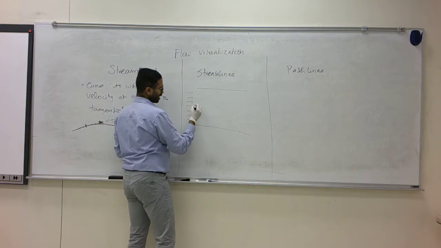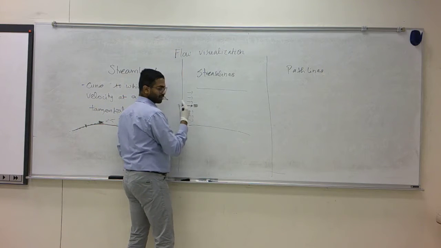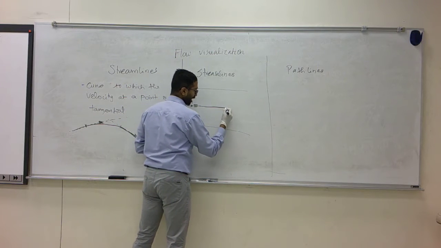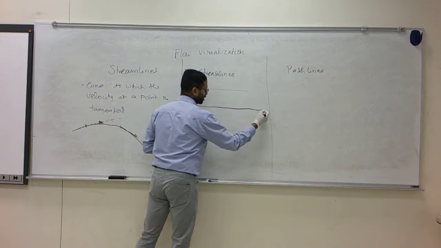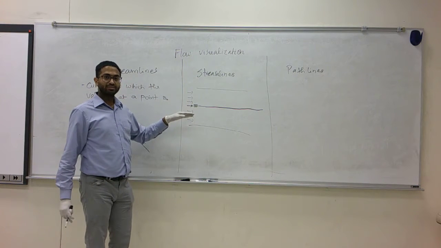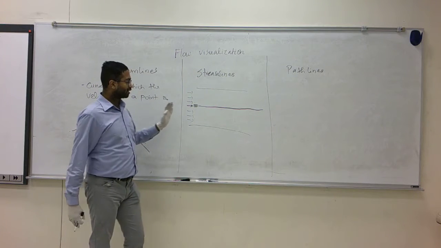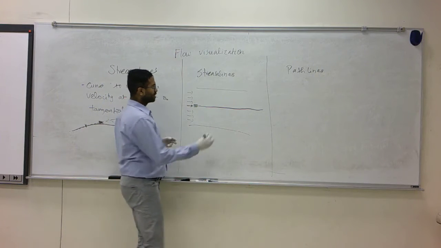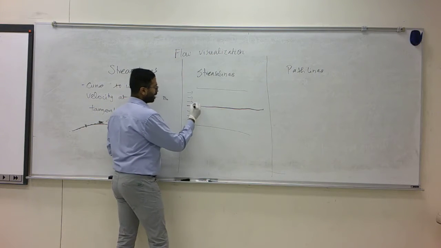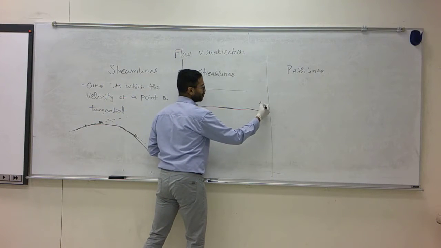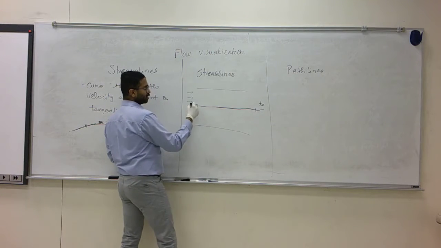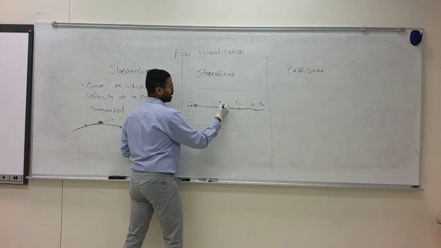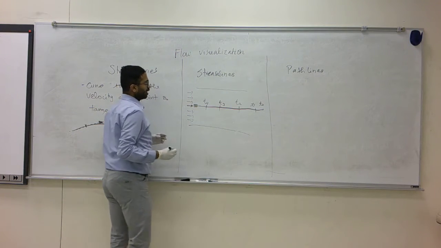So what will happen is that if you have a set of particles that go through this point, they will form a line, and that line will stretch as long as you observe it. So let's say this particle here entered this point at t0, this particle here entered at t1, at t2, at t3, at t4, at t5.